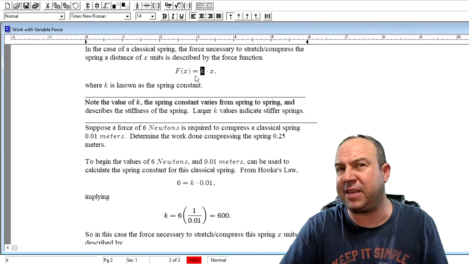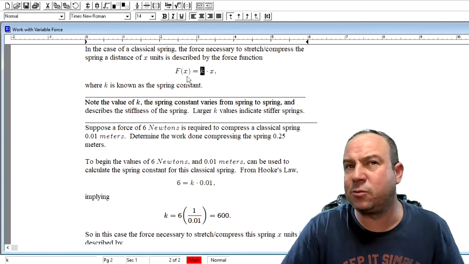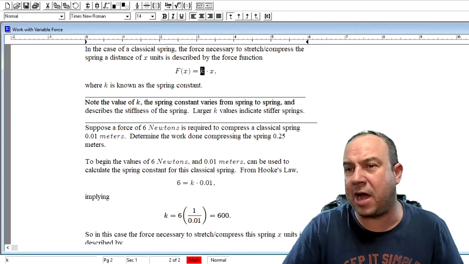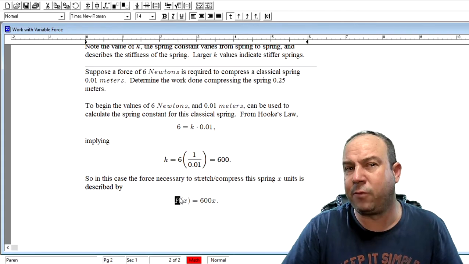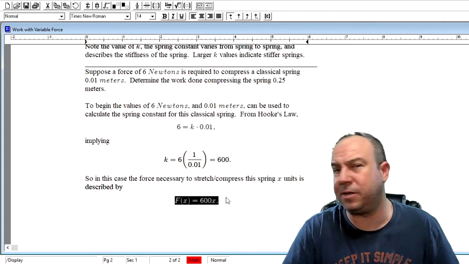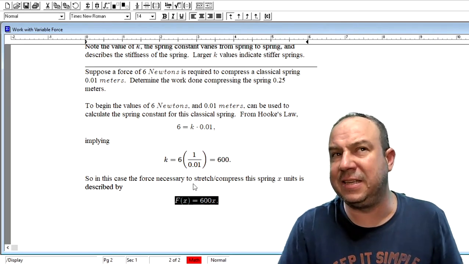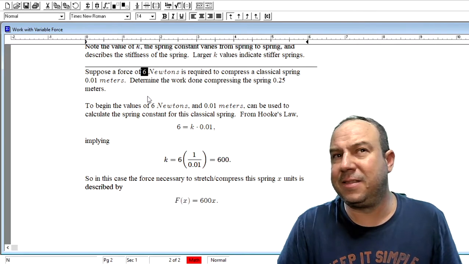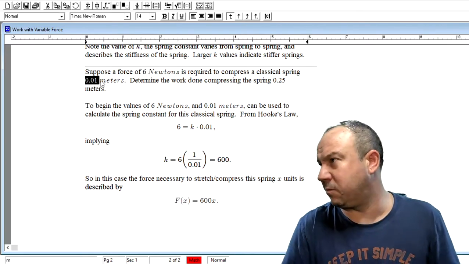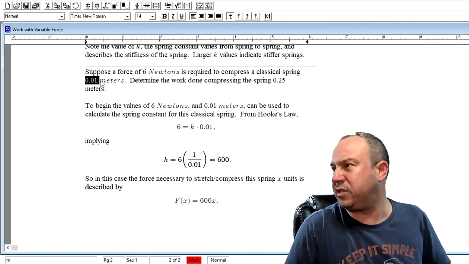For this specific case of a spring, this would be how we would describe the force necessary to compress or stretch it. We can see if we put in 0.01 here, we will get the value of 6, the newtons necessary to compress or stretch it 0.01 meters.